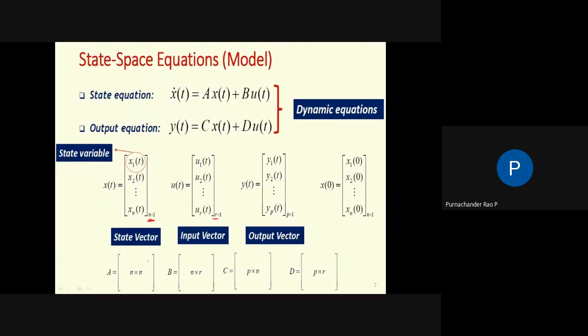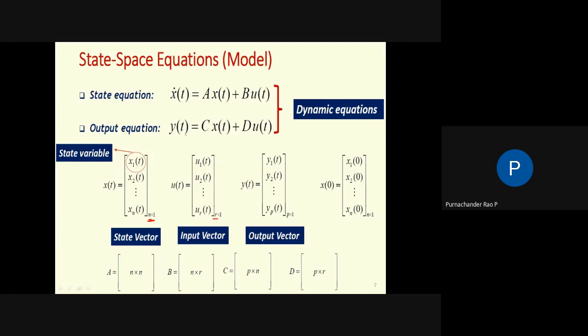Now the matrix A is n by n, B is an n by r matrix, and C is p by n, because p is the number of outputs.